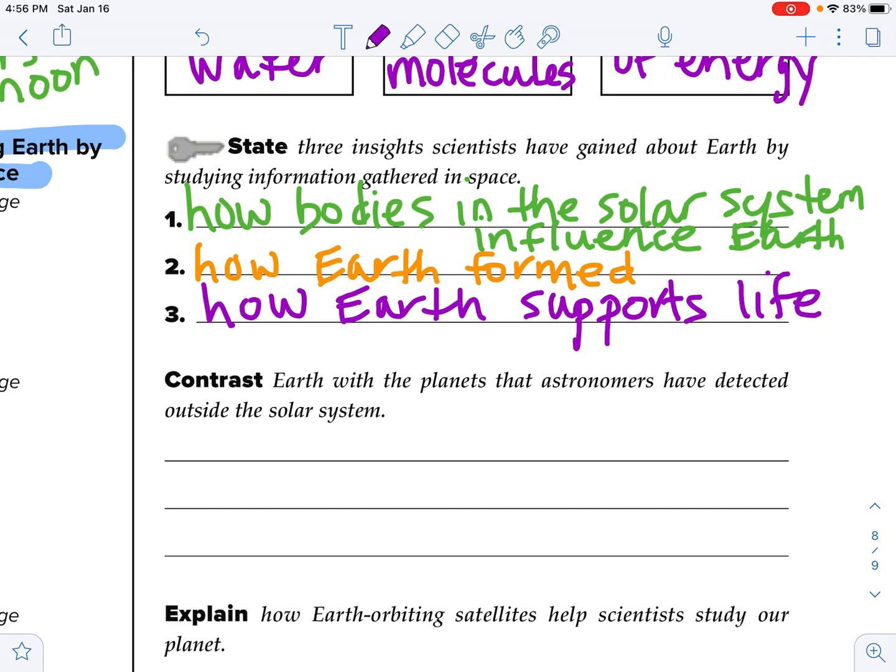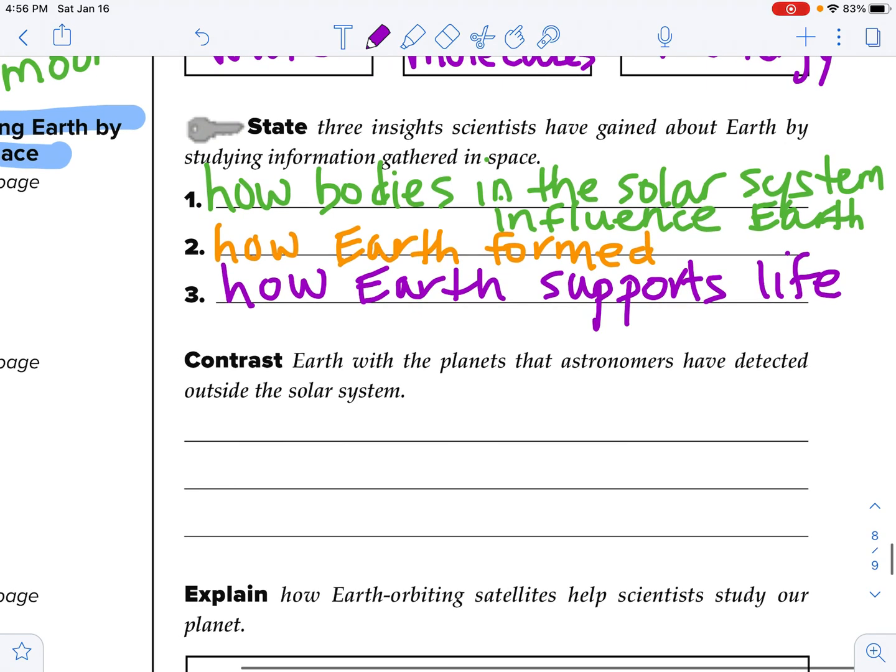Contrast early Earth with other planets that astronomers have detected outside the solar system.